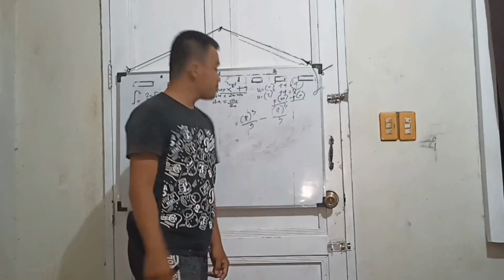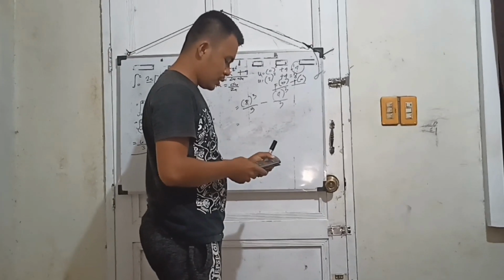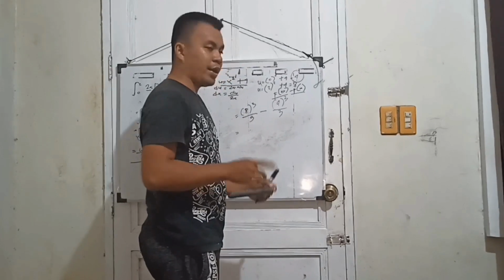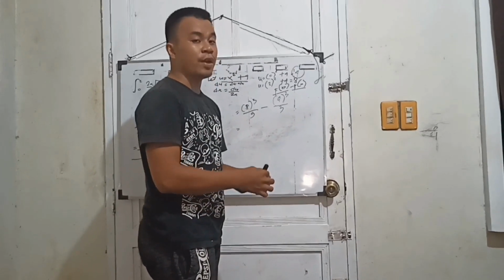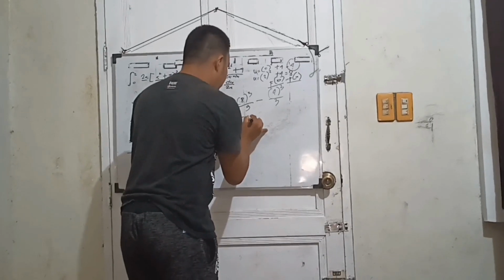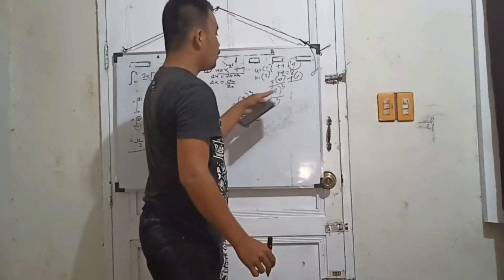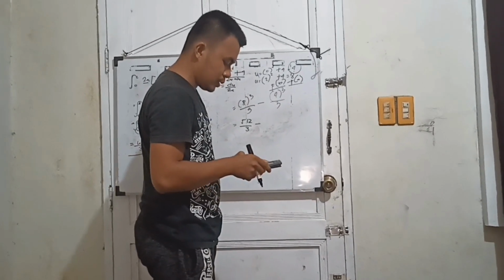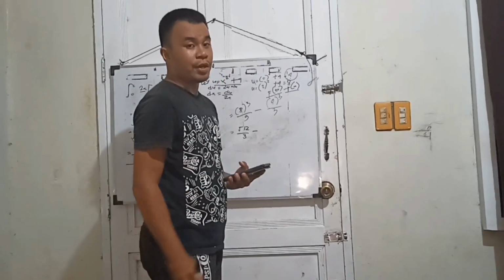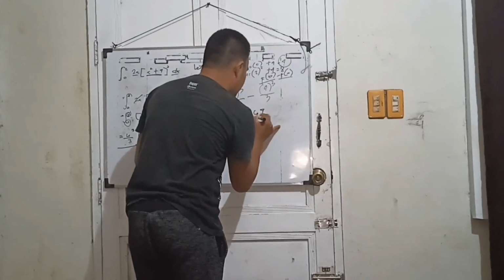Now we will solve it. 8 raised to 3, or 8 times 8 times 8, is equal to 512. And we will copy the denominator. Minus 4 raised to 3, which is 64. Bring down the denominator 3.